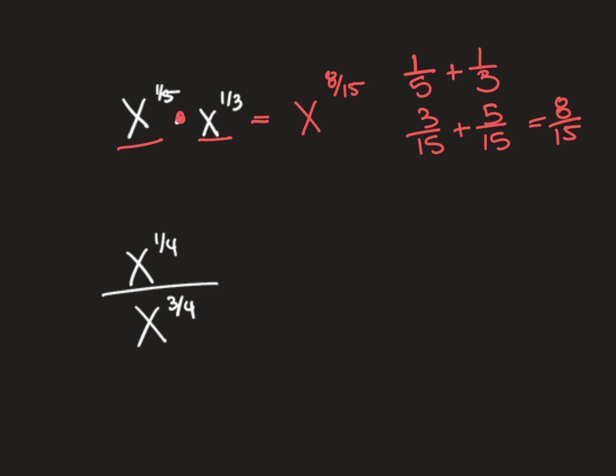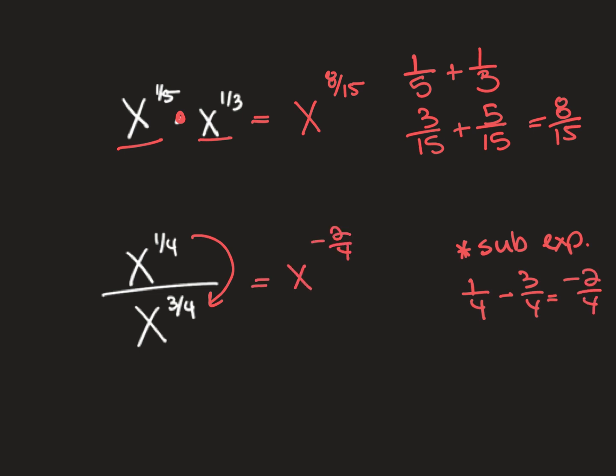In this second example, we're going to be subtracting exponents because it's division. So we're going to go top minus the bottom. The exponents do match already, the denominator, so I'm okay with that. So I can go 1/4 minus 3/4, which is going to give us a negative 2/4. So I'm going to have x to the negative 2/4.